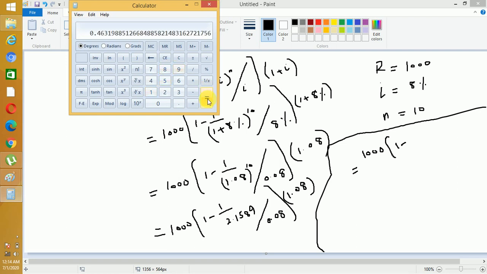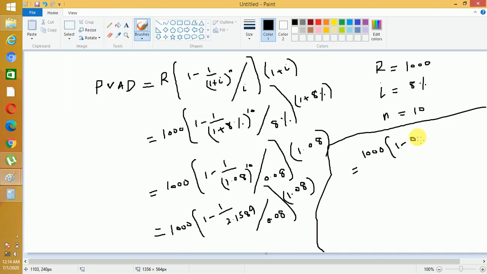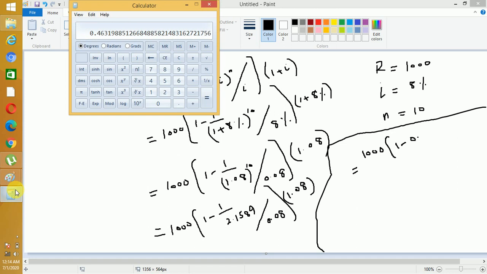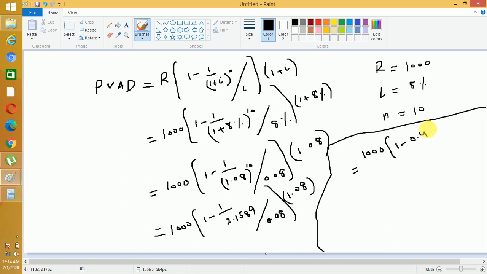So it will become 0.4631. It came from 1 divided by 2.1589.